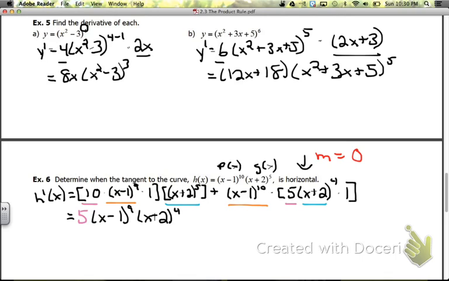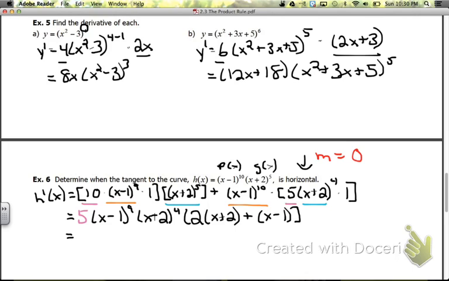And when I factor that out, in our first function I'm going to be left with a 2 times (x+2), because I took out all my (x-1)'s, and I'm left with 1(x+2). And in the second, I'm left with an (x-1).